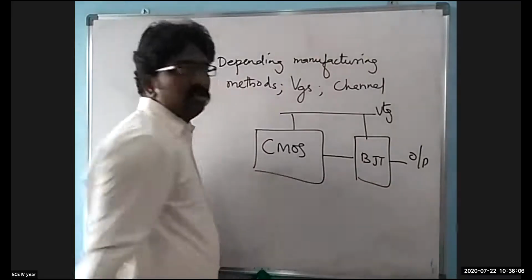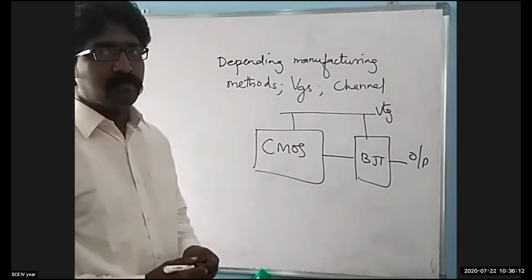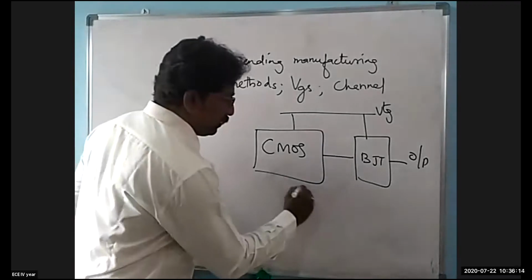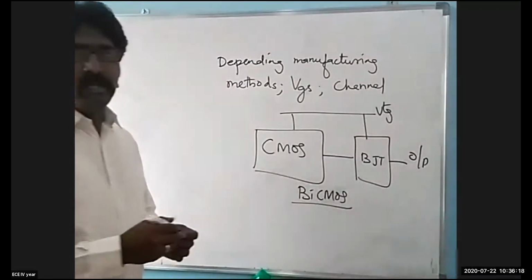Both will be connected to the voltage power supply. This will be a simple structure of BiCMOS. Here the input signal will be given to the input part of the CMOS.